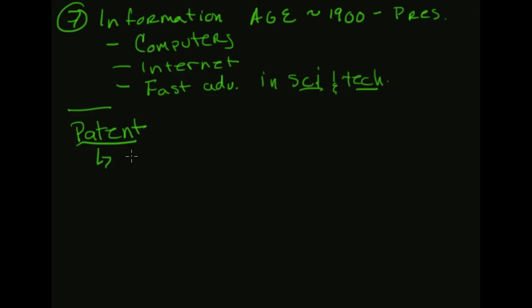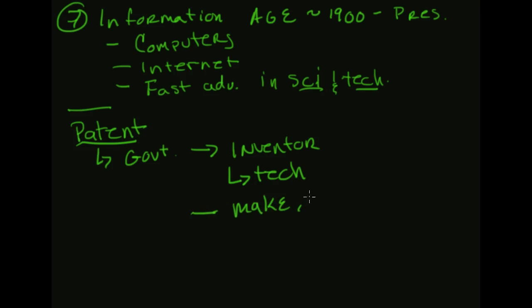A government will issue a patent to an inventor for a particular technology that they have invented, and it gives them the sole means to make, distribute, and sell that technology, but it's for a limited time.